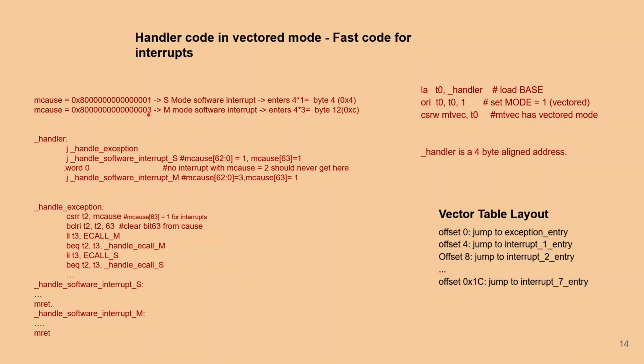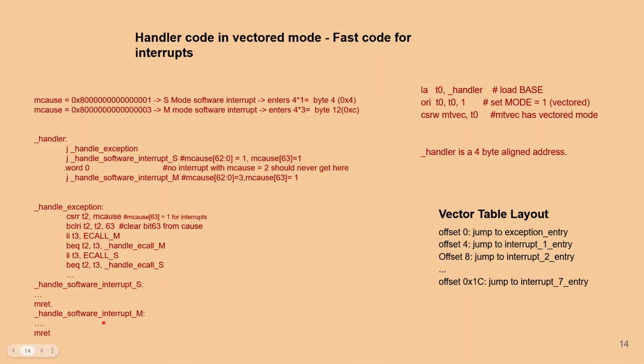Similarly, if the CPU encounters an M mode software interrupt, which has an interrupt ID of 3, it enters byte 12 of the exception handler, which is simply a jump to the M mode software interrupt handler.